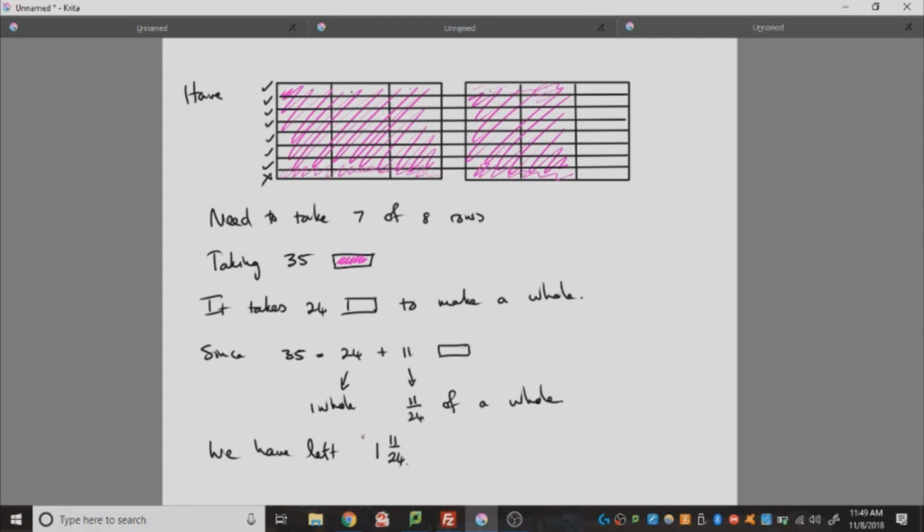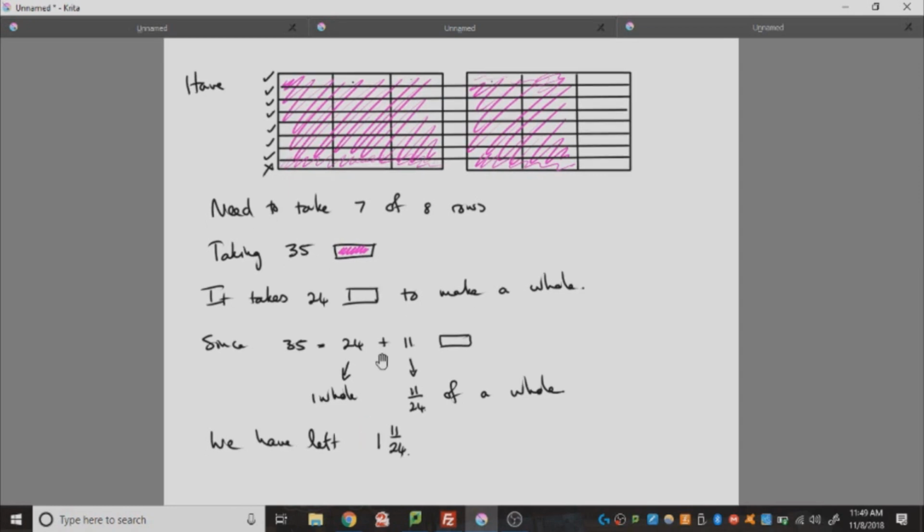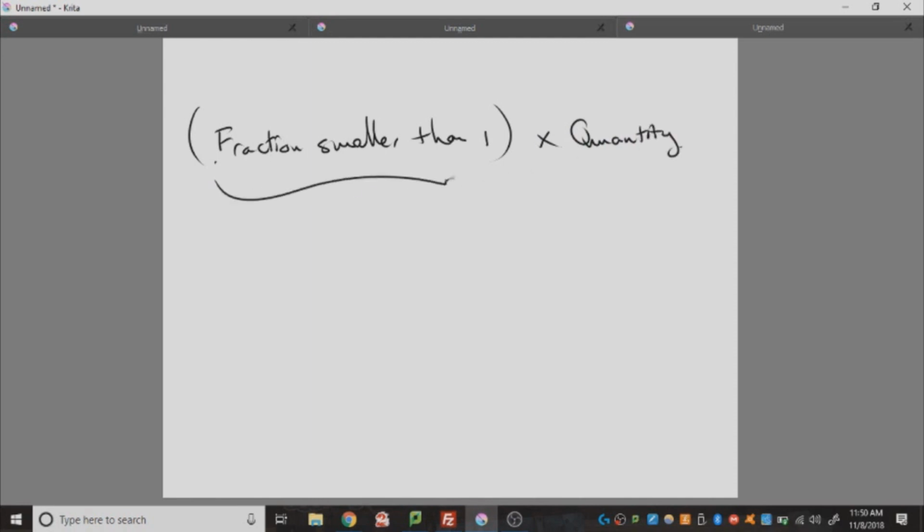Even though, ironically, later on, you never use mixed numbers at all. But any thoughts on that? So when it's a fraction smaller than 1, of course, all positive, times a quantity, then this is certainly interpreted as a portion. I'm taking a portion of the quantity that we have.